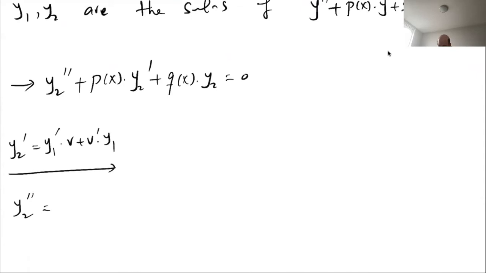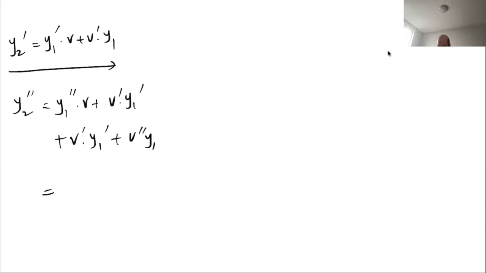Again, I have to use the product rule for each term. So y1 double prime v plus v prime y1 prime plus another v prime y1 prime plus v double prime y1. So this one I can write as y1 double prime v plus 2v prime y1 prime plus v double prime y1.